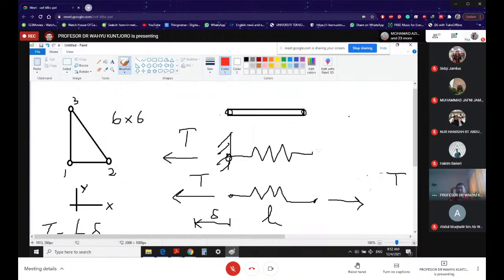That means your reaction is going to be to the left. Also, if what you do is this, T, then of course you are going to have reaction to the right. But now instead of elongation, you have compression. Your equation remains the same. If you do it, you are going to have the same result.